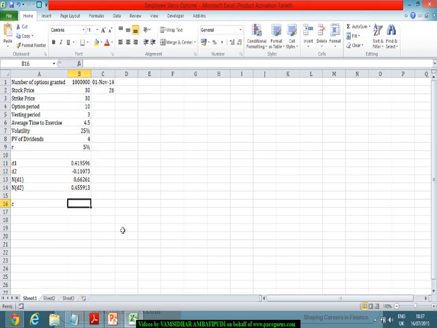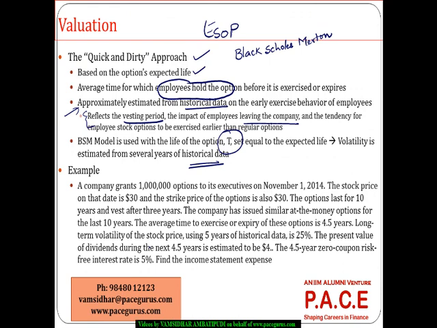So C, the price of the call option, is the modified stock price times ND1 minus the present value of the strike price, 30 by e to the power of RT, times ND2. So the price of the European call option here is 6.3.